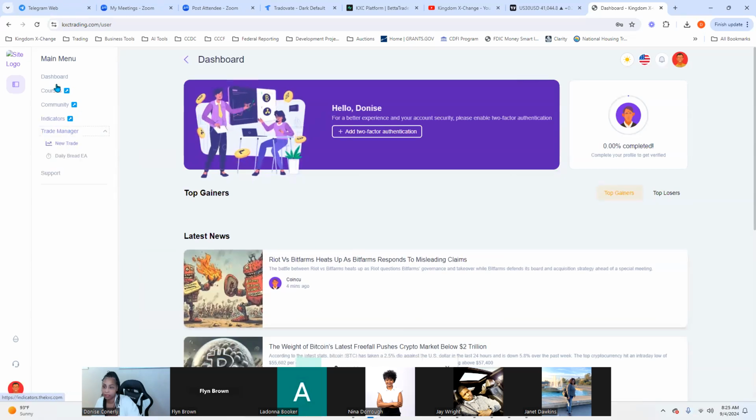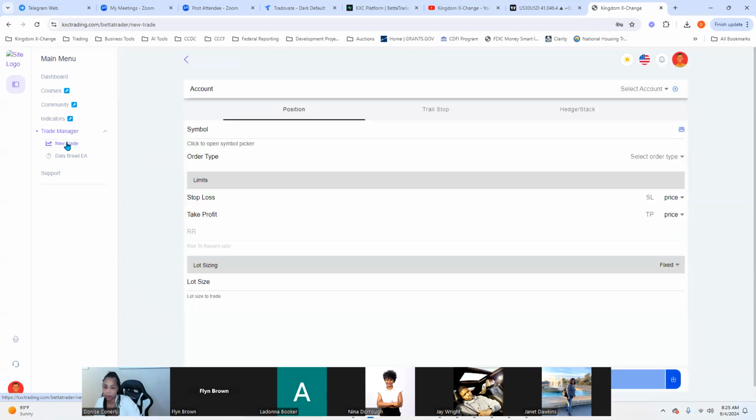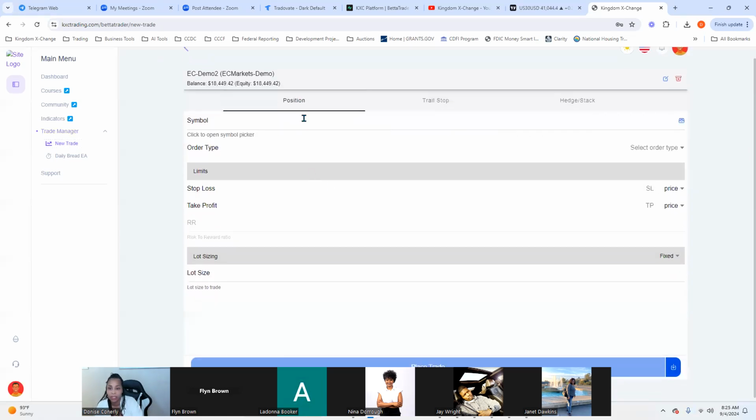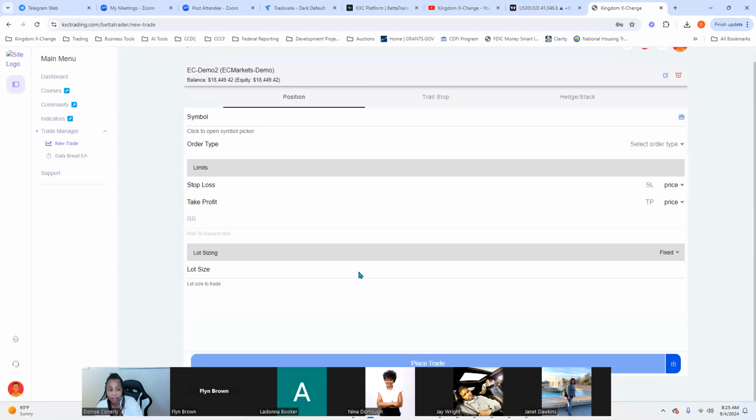So if you go to the trade manager and you go to new trade, this is what we call the better trader. It's like MetaTrader, but better trader. So you go here, I'm just going to pick an account just to show you. This is your trade manager. Once you come up with your strategy, you say, okay, I want to enter with this lot size, I want this to be my take profit and stop loss, and I want it to do these things.